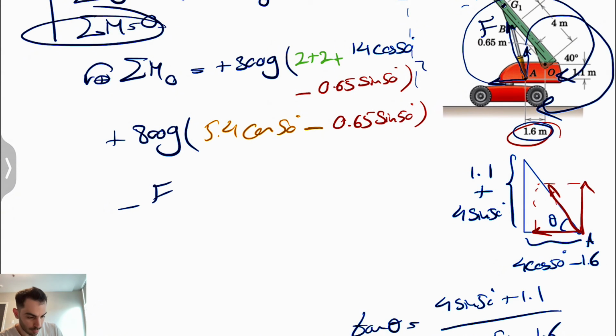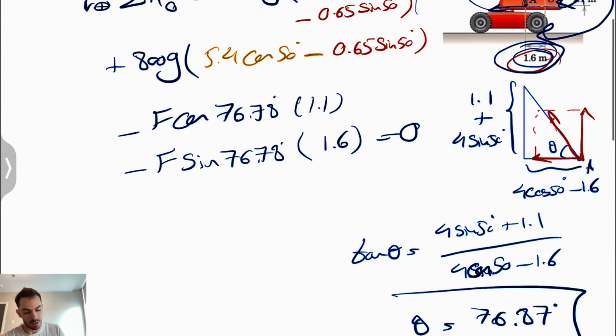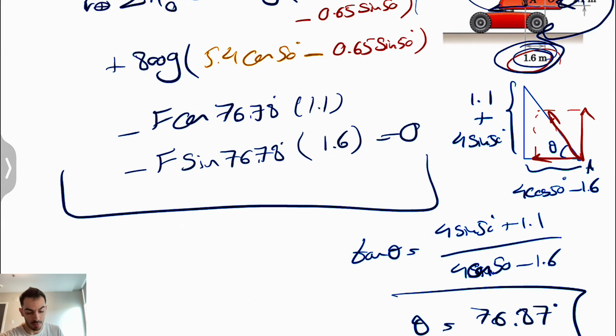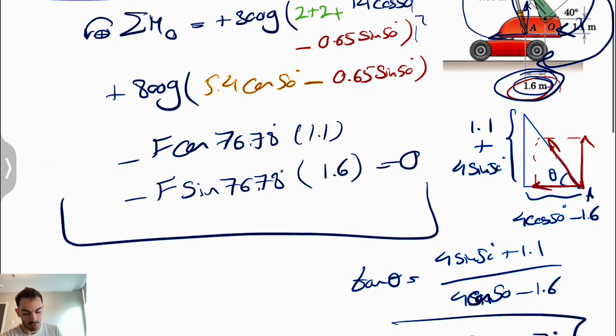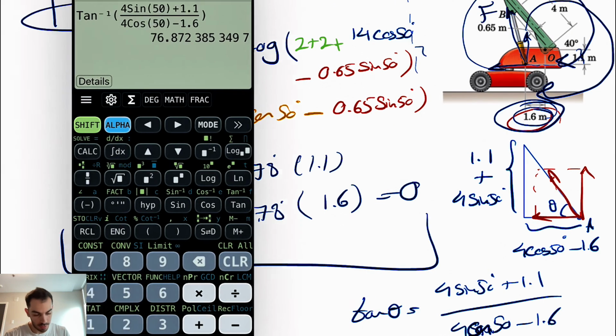F cosine of theta, 76.78, the distance for that one is 1.1, and minus F sine of 76.78, and that's going to be the other distance, 1.6, equals 0. And we're going to have one equation with F, and we should be able to find the answer for this question. So let's just calculate what we have in here first.